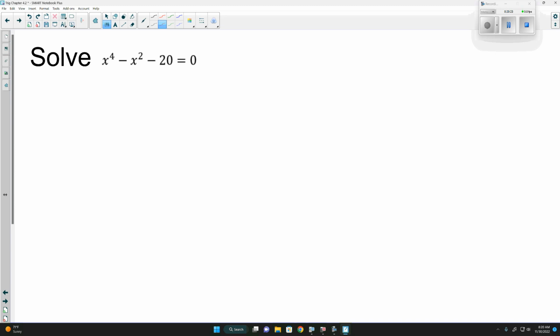And that cheat is something called u substitution. I'm going to substitute u in for a term, and more specifically, I'm going to substitute it in for x squared. This is used a little bit in Algebra 2, not a whole lot. We don't focus on it too much, but especially when you get to calculus, they use it a lot more because we can make something that's more difficult to solve and evaluate into something a little bit easier.